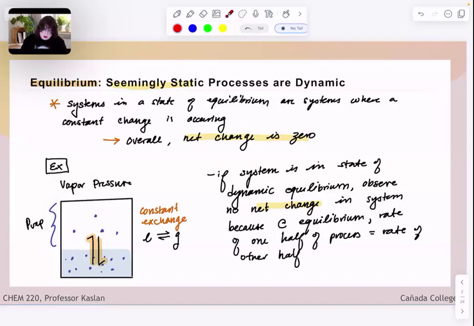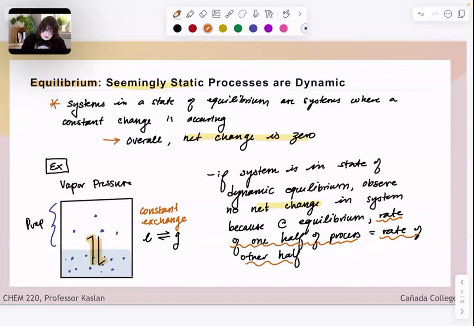And we're going to recognize that the only way that we can observe this equilibrium state and it looks to us like nothing's really changing, is that whatever's happening with one part of the process, how quickly that's happening, so in this case, the vaporization rate, would have to be equal to the rate of the other part of the process.